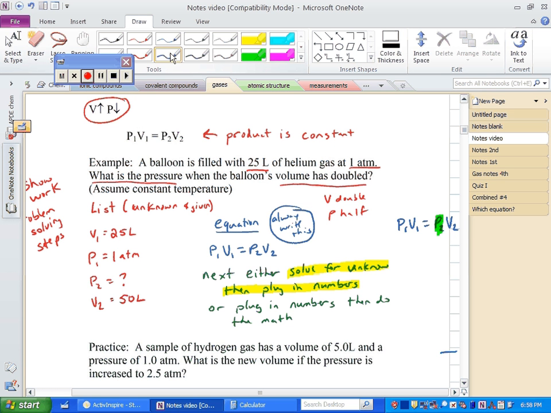So divide both sides by V2, and over here it cancels. Now I plug in my numbers. So I have 1 atmosphere times 25 liters divided by 50 liters. The liters cancel, and I get 0.5 atmospheres. And it has the correct units and the correct sig figs.